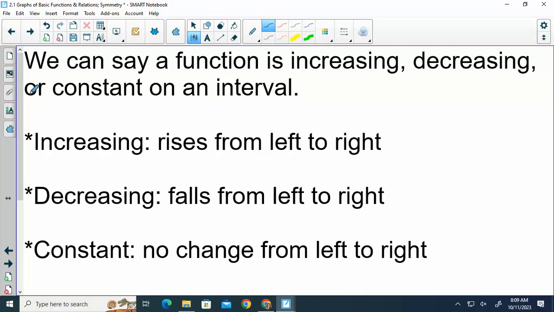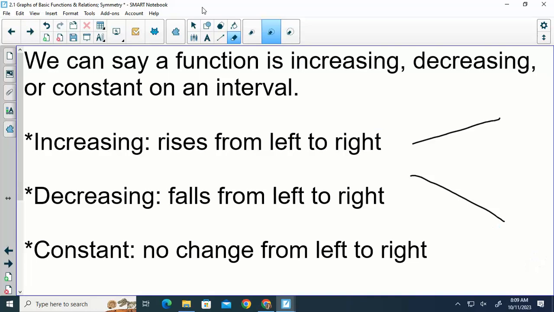No change. What'd that look like on a graph? Yeah, when there was no change at all. So that was a constant. So increasing is just like a positive slope, rising, decreasing is falling, constant is no change.